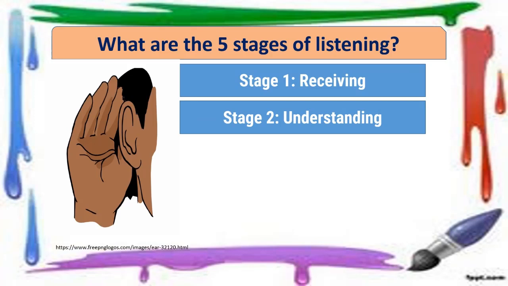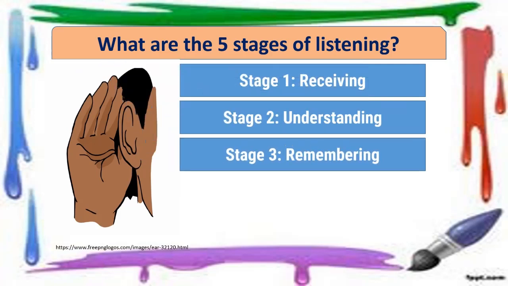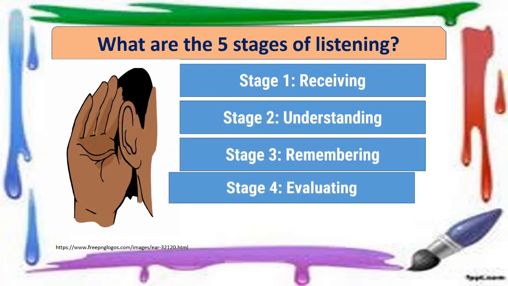In the understanding stage, we try to learn the meaning of the message. Stage 3 is remembering. Remembering begins with listening. Well, if you cannot exactly remember what has been said, meaning you were not listening effectively.